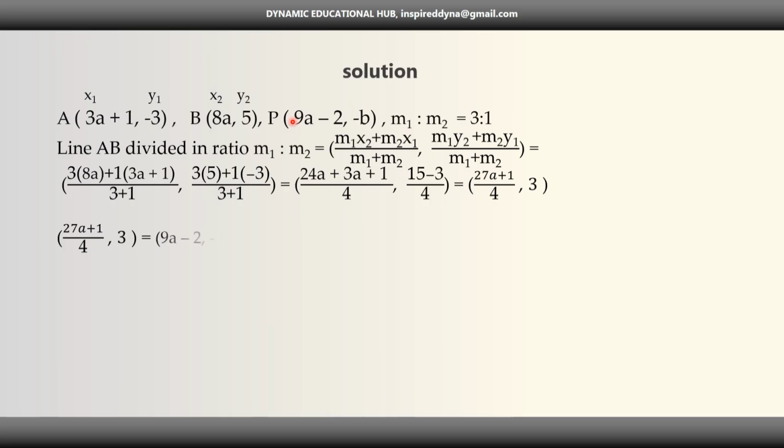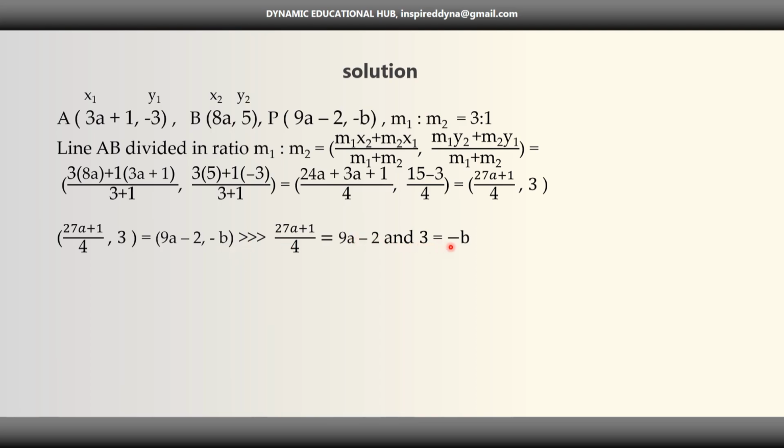Comparing it, you know that (27a plus 1 over 4, 3) should be the same thing as (9a minus 2, minus b). Now you compare. This one is the first coordinate, which means that 27a plus 1 over 4 should be the same thing as 9a minus 2. The second one, 3 should be the same thing as minus b. So 3 is equal to minus b.